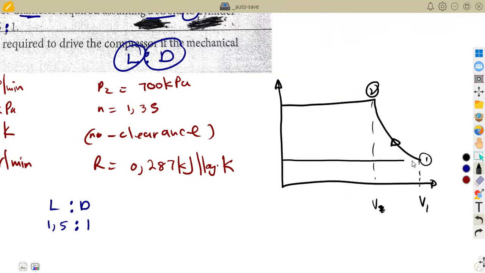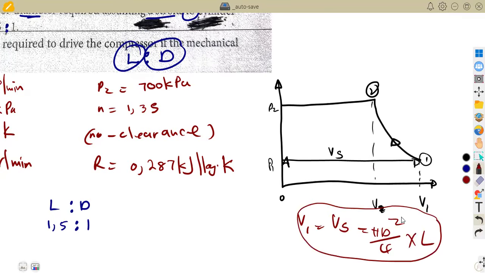So the whole of this volume that we are having here is our swept volume. This is P2, this is P1. So remember, V1 is equal to Vs, and that is equal to pi d squared over 4 times L, the stroke volume. Okay, let's leave it like this.